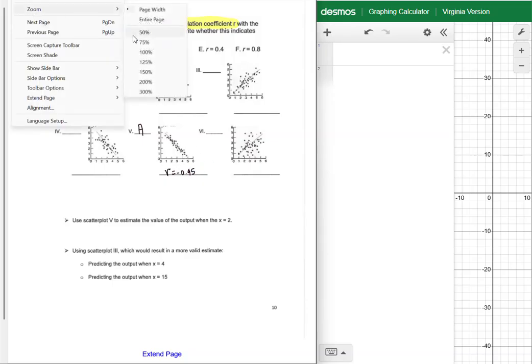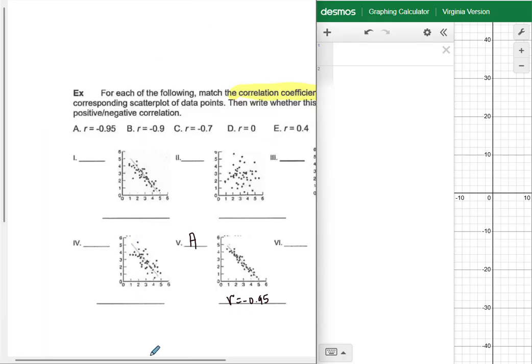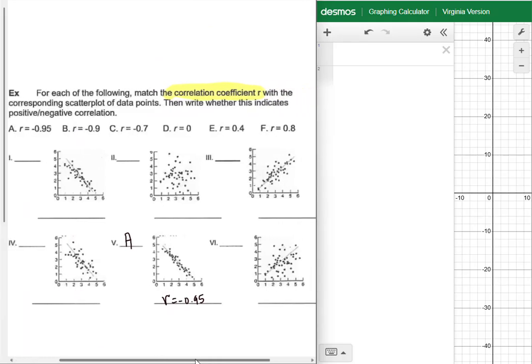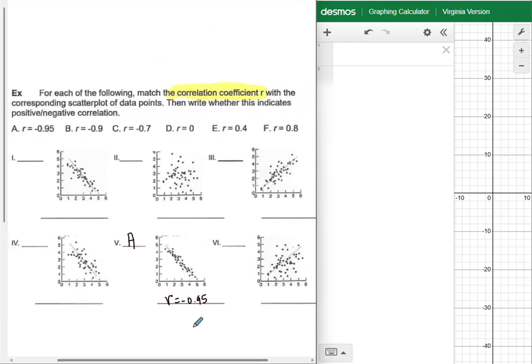Okay, let me zoom in a little bit. Okay, there. Let's look at another one. R equals negative 0.9. Well, this is negative, and you notice that 90% is less than 95%.